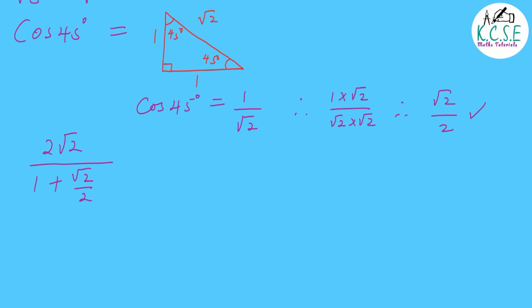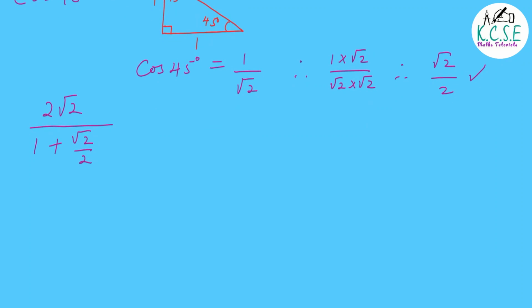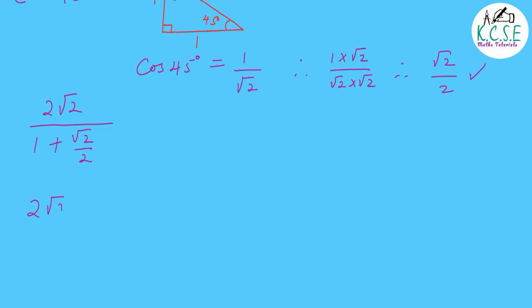Now to simplify this, we can start by rationalizing the denominator. Rationalize the denominator by multiplying both the numerator and the denominator by the conjugate of the denominator. In this case we have 2 root of 2, that is the numerator.